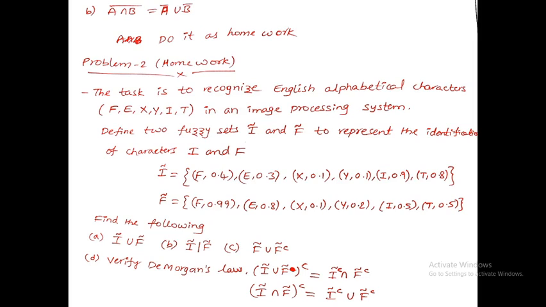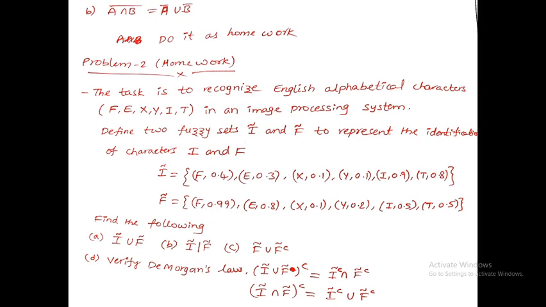In a similar way, for example, if you take I union F, first question is I union F, right? I union F, if you want to take it, mu I of x or mu F of x, right? So which is having higher value at each point. Earlier we have mentioned with 1, 2, 3, 4, right? Here it is represented with some alphabets.